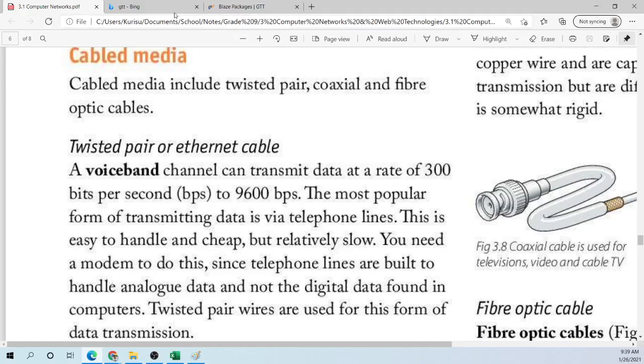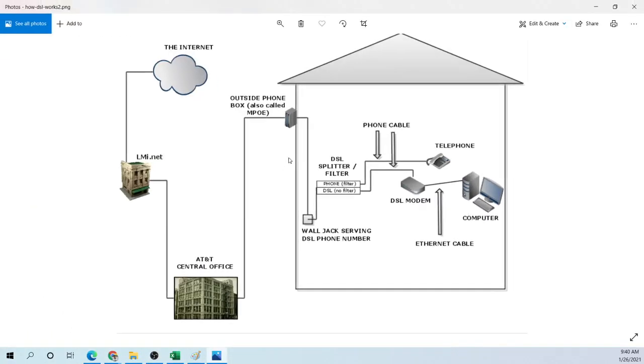So let me see if I can find an image of it. Right, this is how it would look.